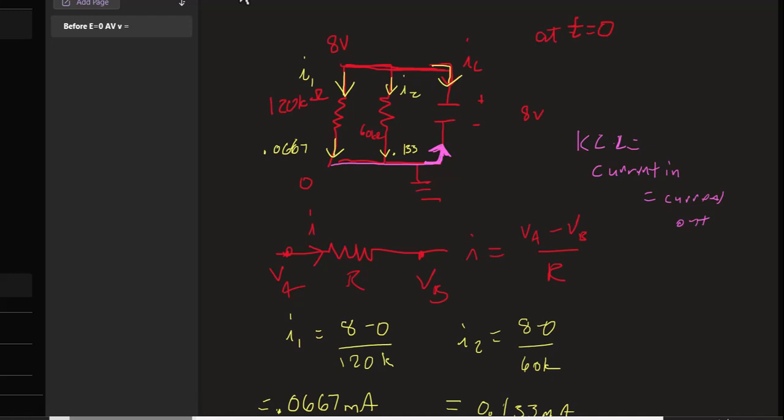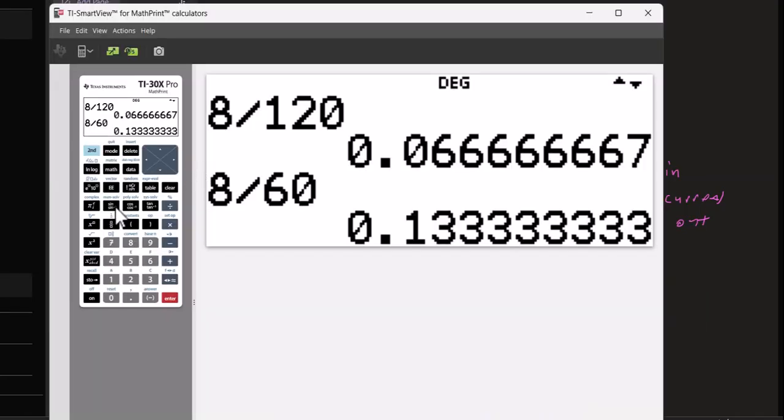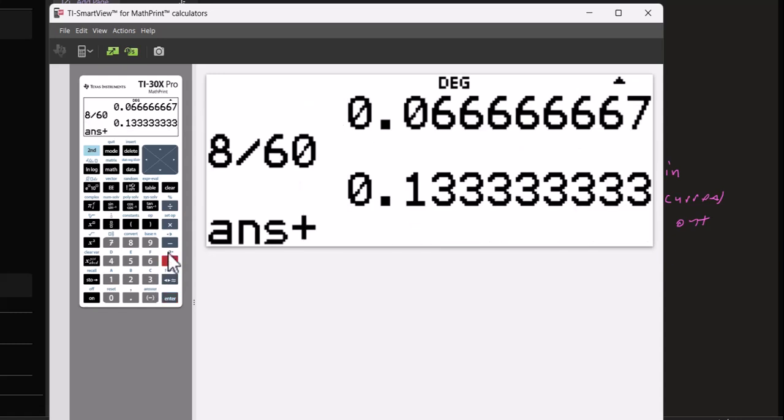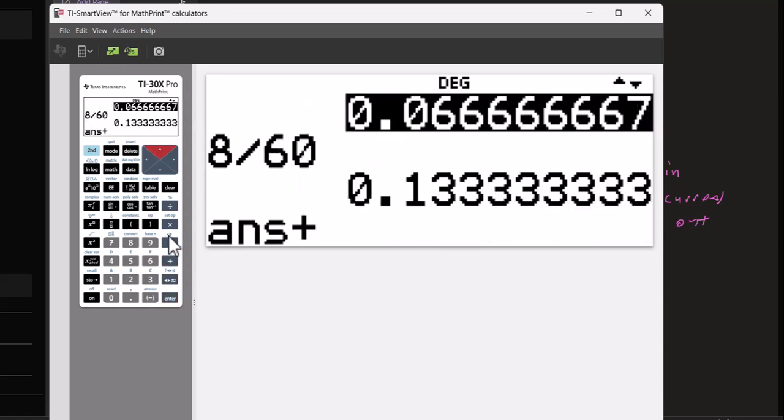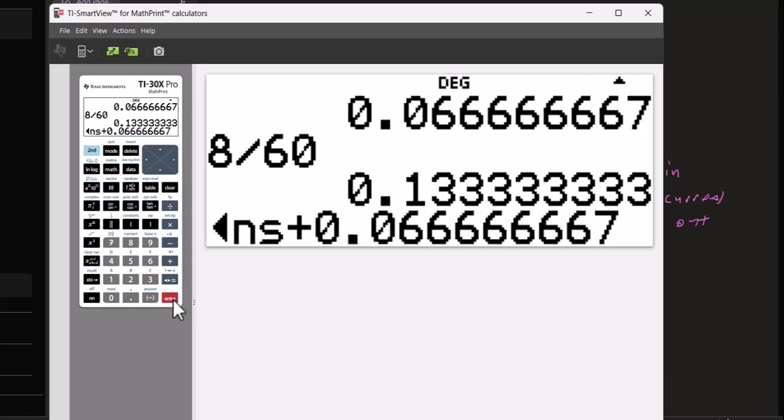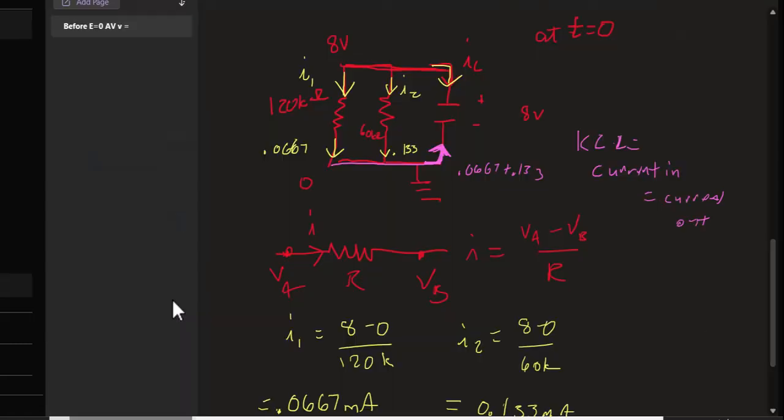So IC would be I1 plus I2, the negative? That's right. Yep. So the current going up is going to be 0.0667 plus 0.133, which is 0.2 milliamps.